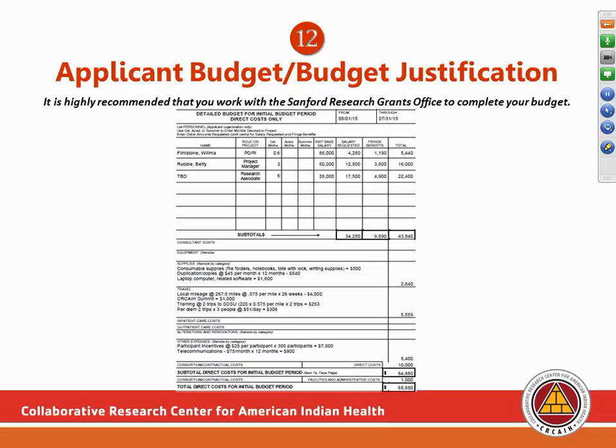Direct and indirect consortium or contractual costs: insert the total direct and indirect costs for these entities in that line item. On the budget justification, you must provide a detailed budget justification for all costs. Be sure to identify the role of each person involved in the project.